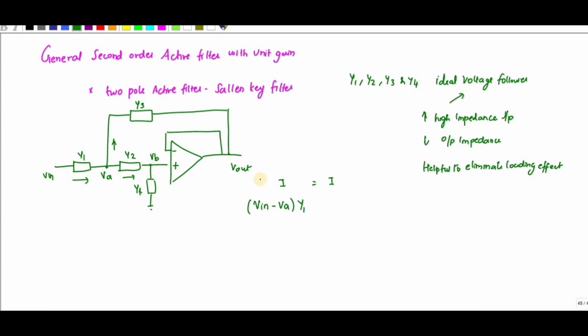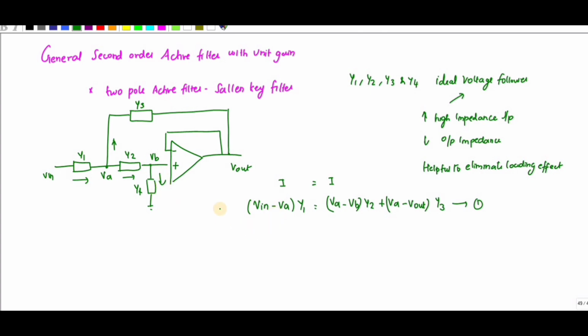So the outgoing current I can write as (VA minus VB) into Y3 plus (VA minus Vout) into Y3. Clear. So this is your first equation. Next is the second equation.